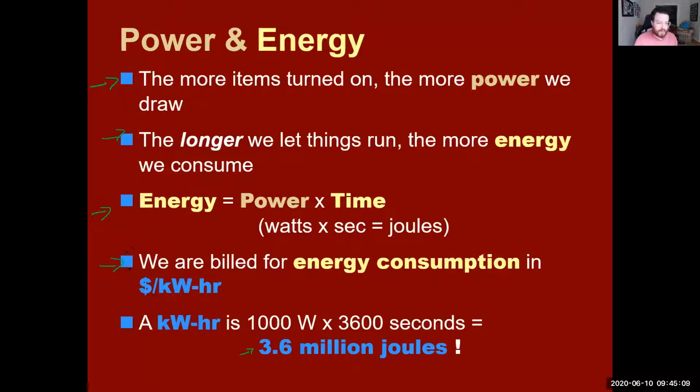And then the other big thing is how we are billed. You actually know your power consumption. Like I said, your voltage is going to be the same no matter what, but your actual power consumption is going to change based on how much you use.